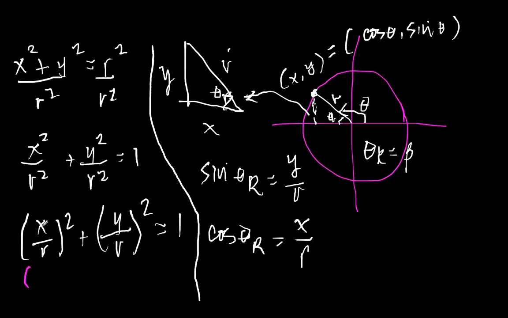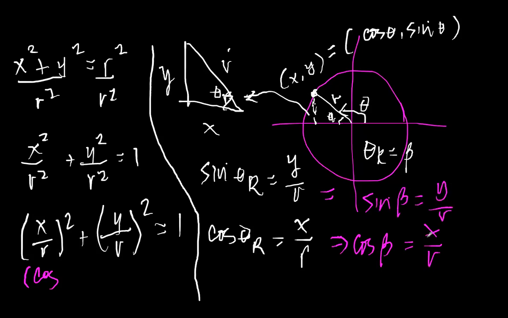So we can substitute: cosine beta is equal to x over r, and sine beta is equal to y over r. I just expressed the angle measure in a simpler way.